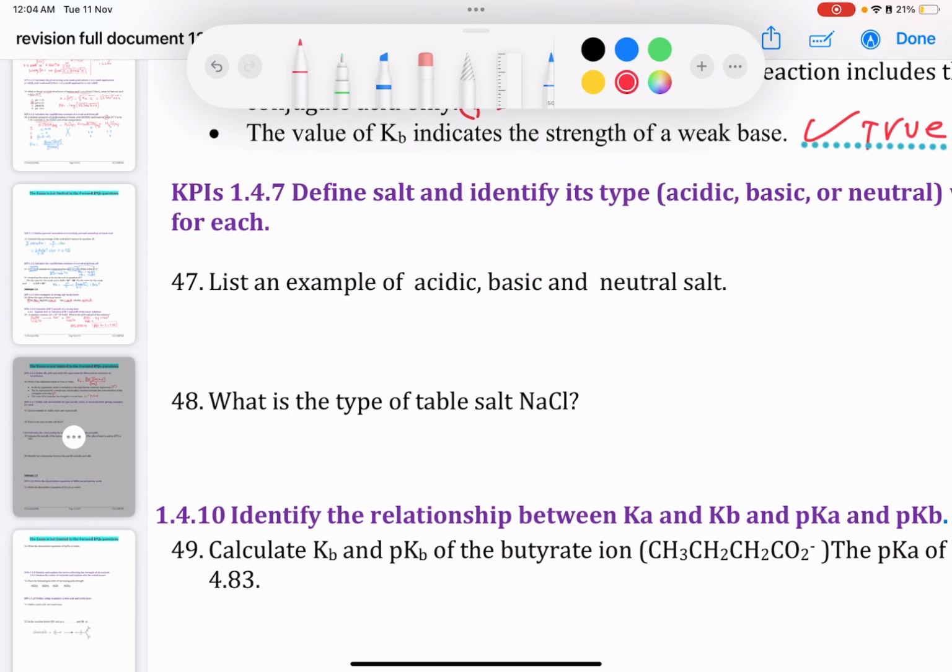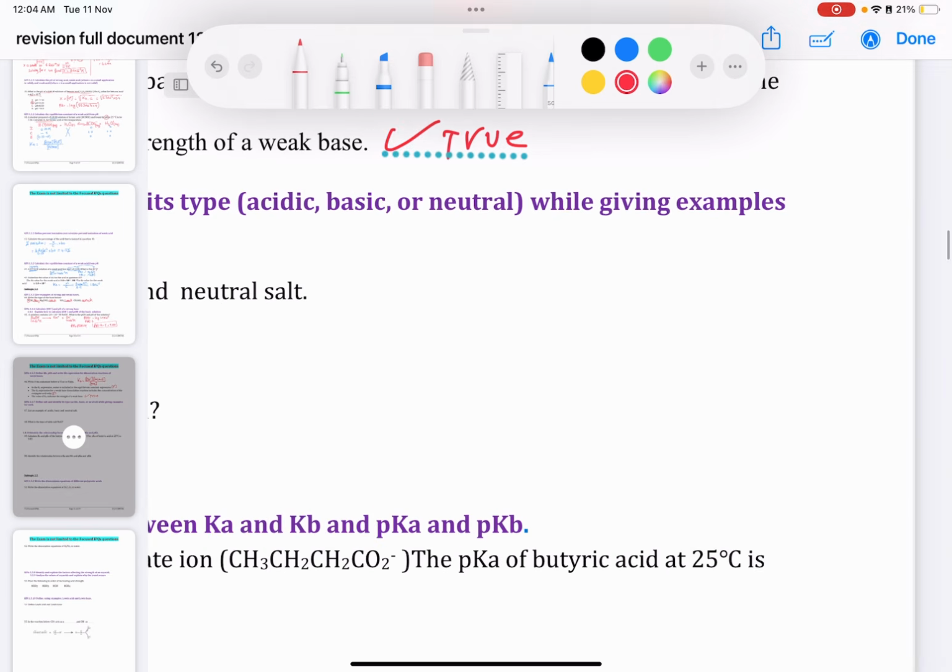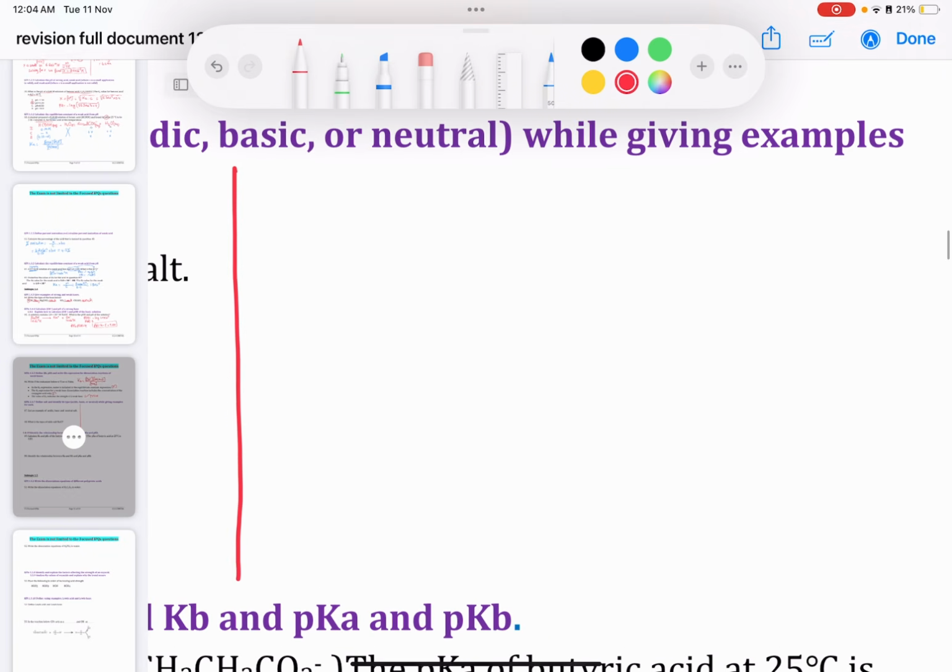Now, define acid salt and identify its type, acidic, basic, or neutral. So list an example of an acidic, basic, and neutral salt. Before I do this, I'm going to give you a list of ions to remember. If these ions were present in the given salt, you can say that they are pH neutral or acidic or basic.